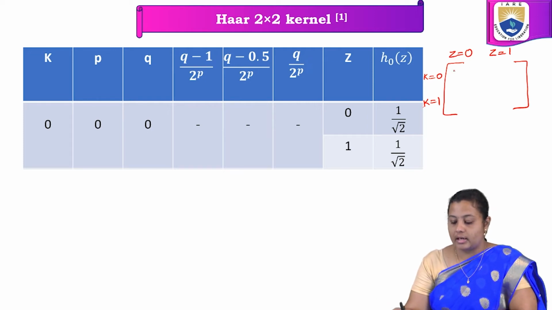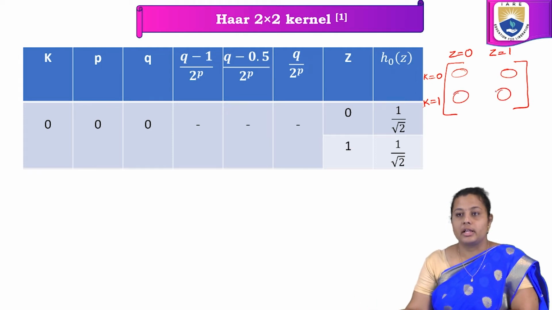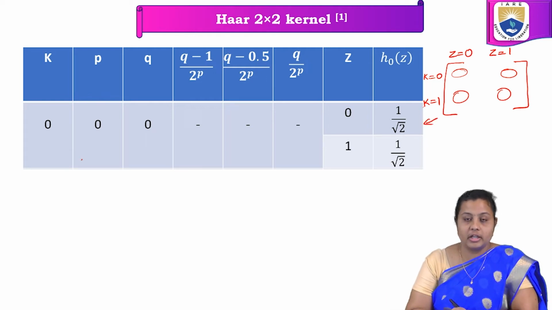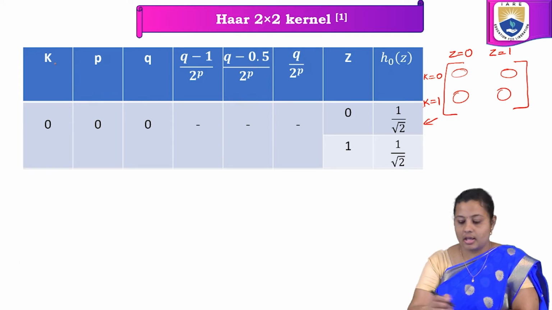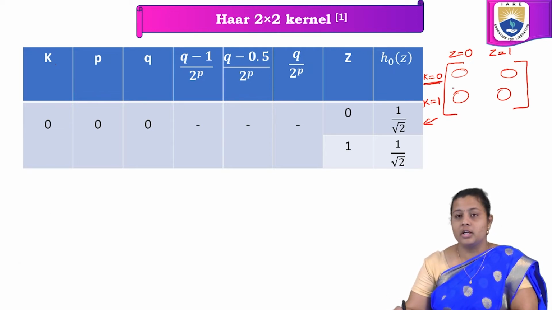Now we have to calculate the element values. Right? We have to calculate the element values. That we will see now from this table. So let me write it again in the form of a table for our convenience. Right? Now when k is equal to 0, that means we are trying to find out the values of the coefficient matrix of the first row.